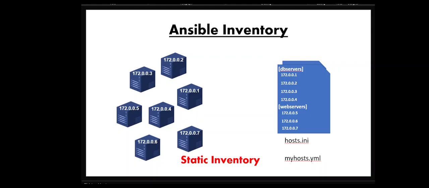In this situation, it presents a kind of difficulty. You cannot maintain a list of servers adequately because the IPs are constantly changing. That's what I call fluctuating inventory. In that case, a static inventory will not help us. This is where dynamic inventory comes in. Ansible provides dynamic inventory plugins.